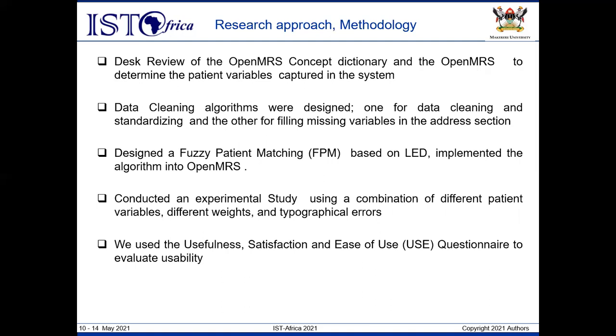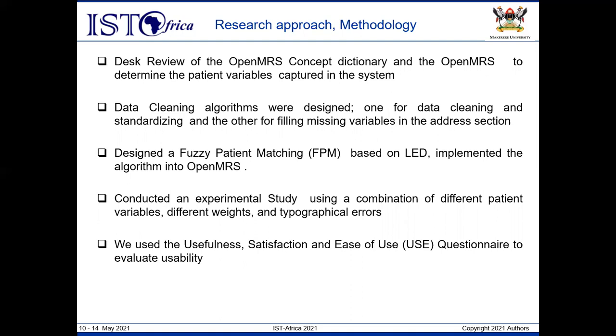We then designed data cleaning algorithms, one for data cleaning and standardization, and the other for filling missing variables in the address section, because from our data sets we noticed that the address section had a lot of missing variables, and yet we have the Uganda address reference list. It is the one that we use to fill the missing variables in the address section.